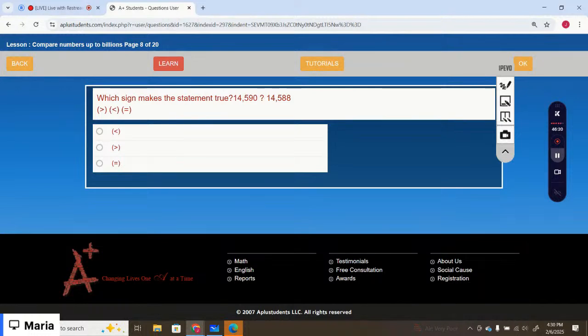Greater it is. Option number 2 is the correct option.